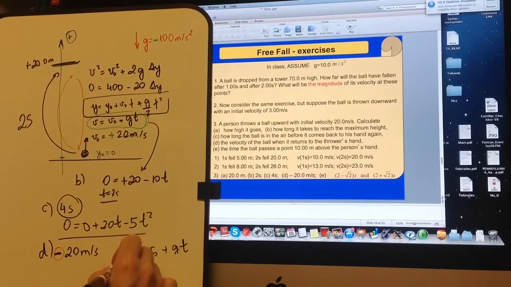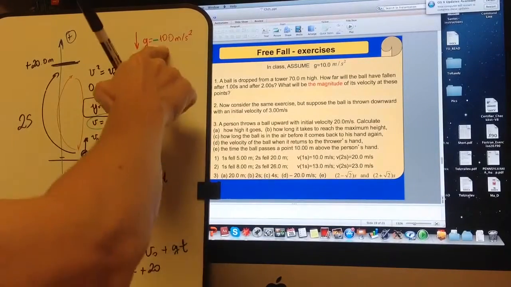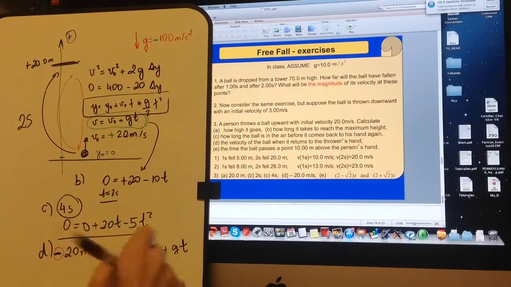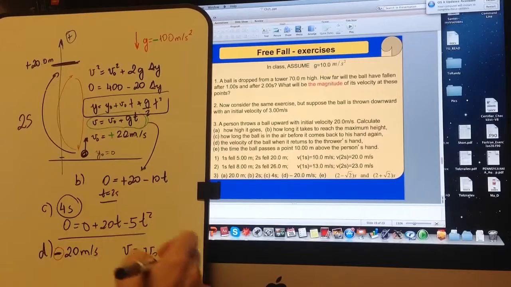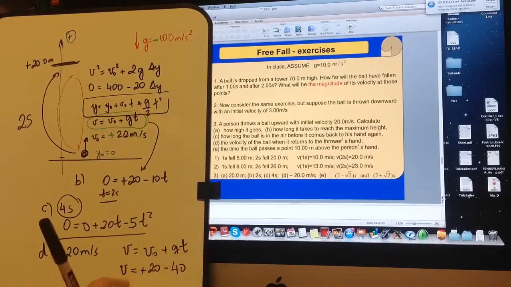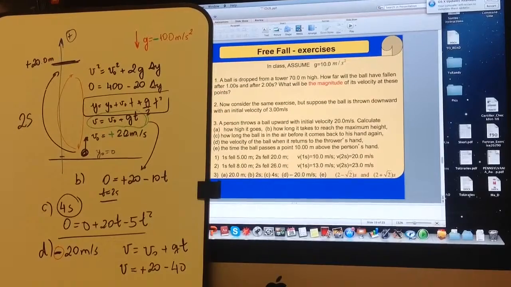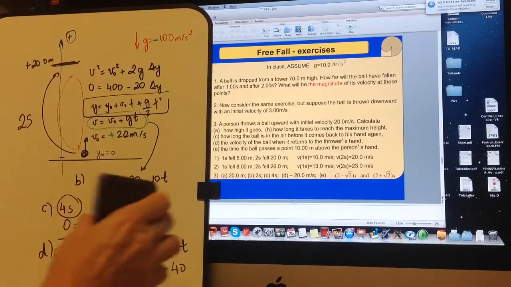Let's write the equation. You want to find the final v. The initial is plus 20. g is minus 10. Minus 10 multiplied by the whole time, 4, gives us minus 40. And you'll get minus 20. All right, let's go for the last question.